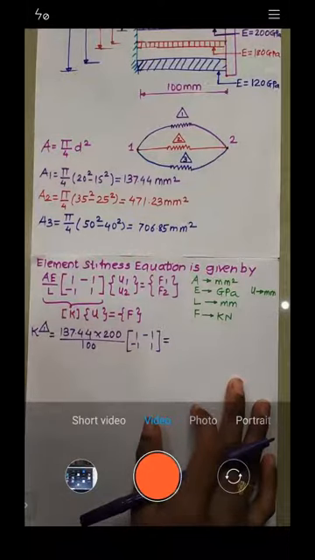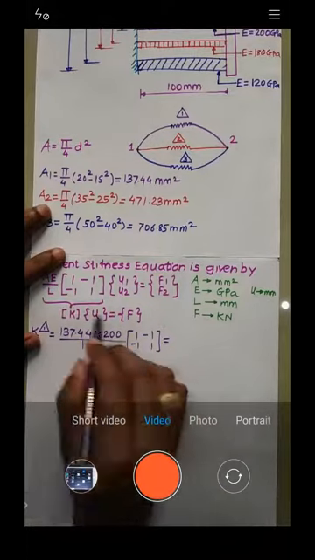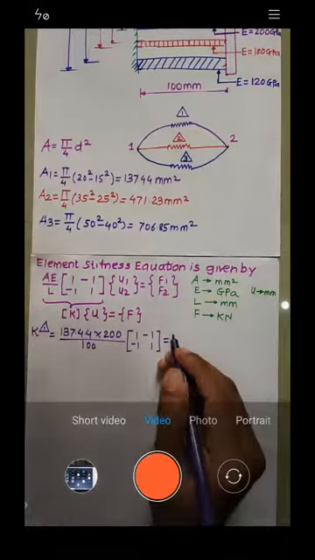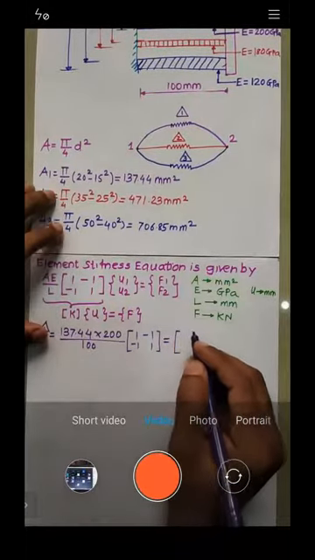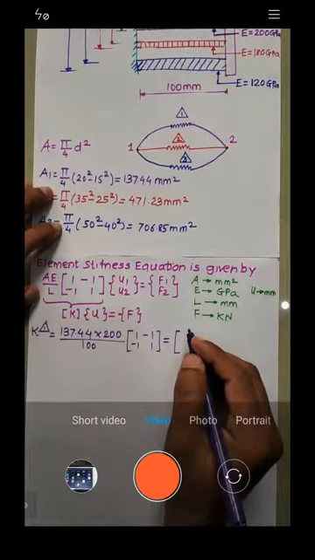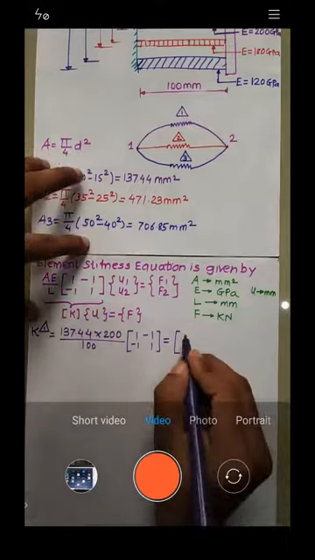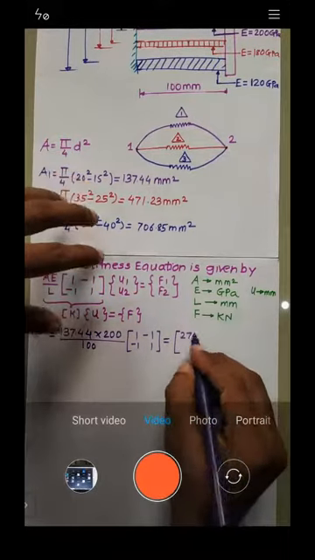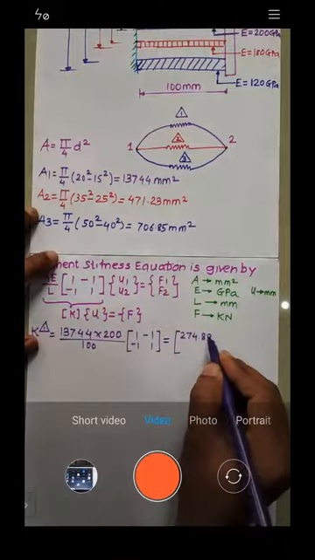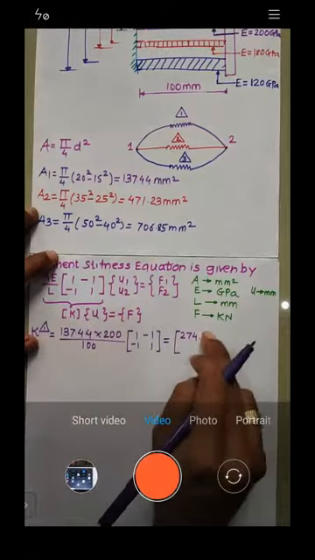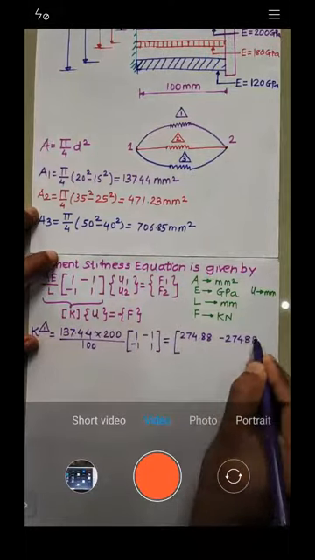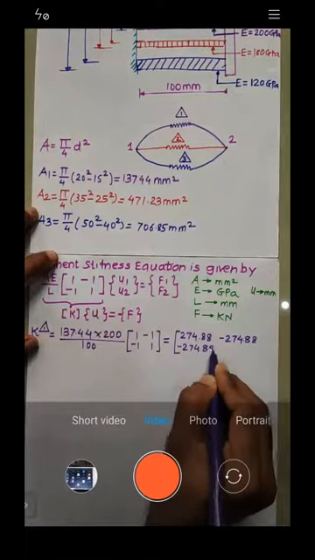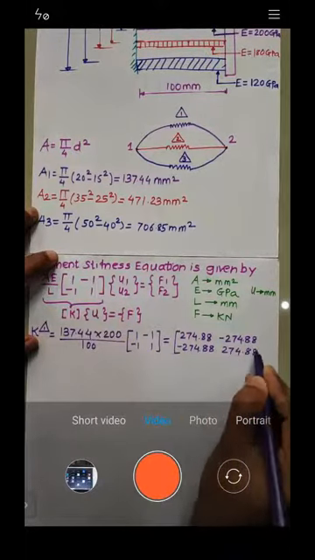If you calculate this term, 137.44 into 200 divided by 100, it will come as 274.88. You multiply this inside the matrix. So this is 274.88, minus 274.88, minus 274.88, and 274.88.